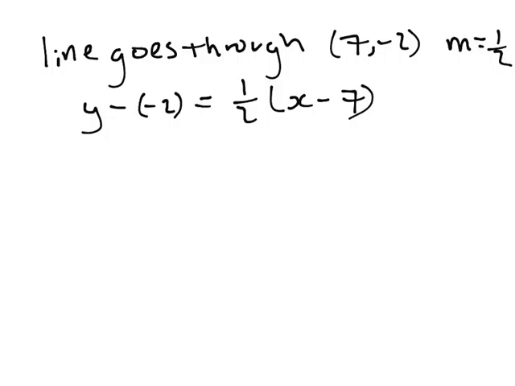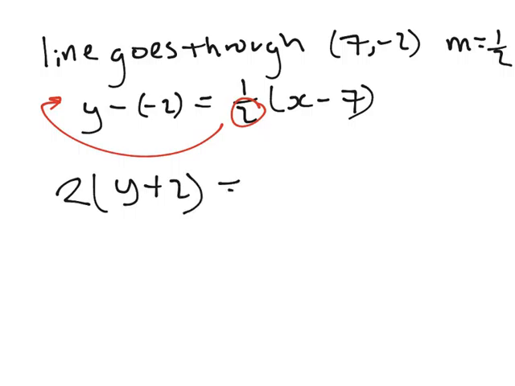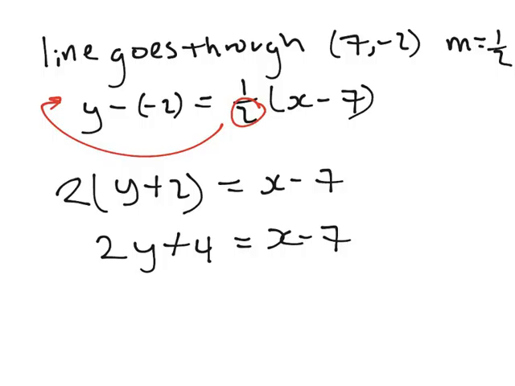And what I want to do now is simple, straightforward algebra. Let's take the 2 up here and we times the whole thing by 2. So we get 2 times y minus negative 2, which is y plus 2, and I'm left with x minus 7 on the right hand side. 2y plus 4 equals x minus 7.